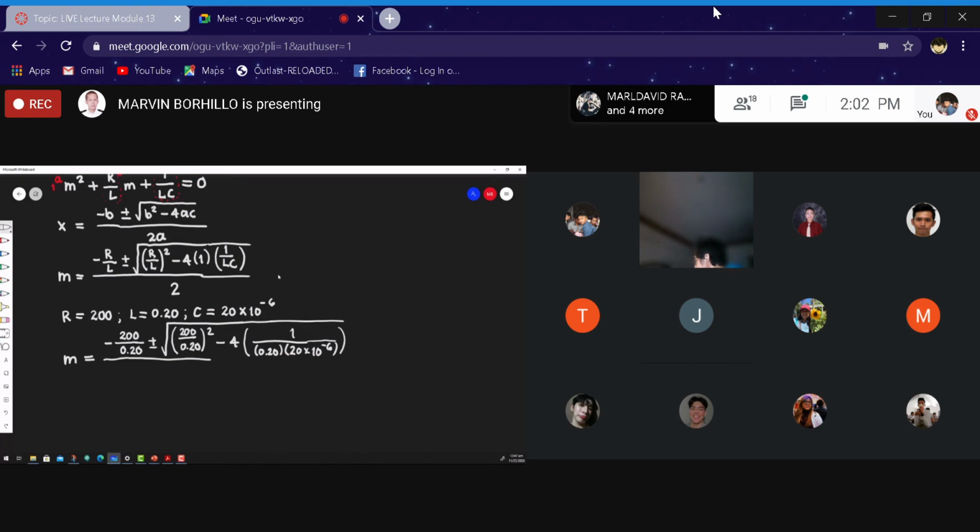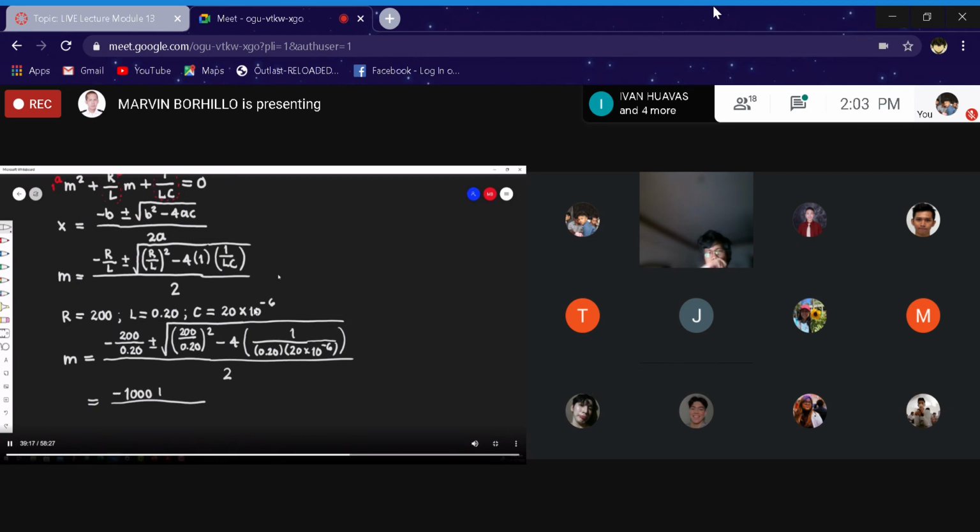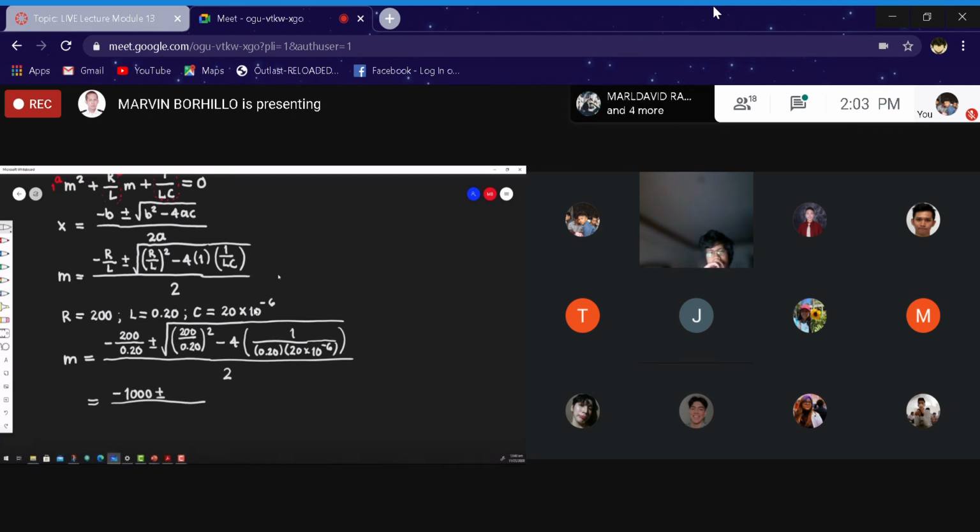1 over of that divided by 2. So, ang simplified form ng lahat ng yan is 100, 1,000 plus minus. Itong part na to, class, 0 yan.